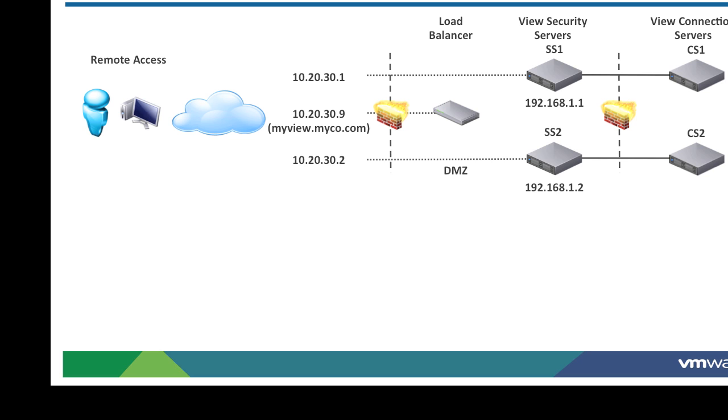10.20.30.9. So the third and final configuration step for remote access is to go into each of these firewalls and make sure that the PCoIP protocol is allowed through. This is to make sure that the View client can access each security server using PCoIP, and also that each security server can access the virtual desktops through PCoIP.